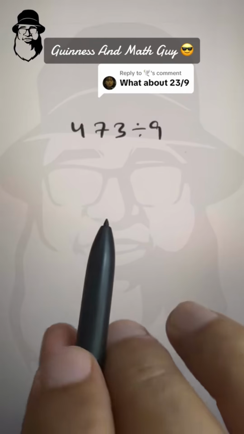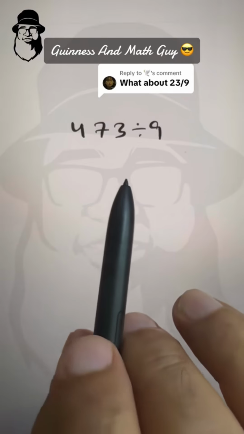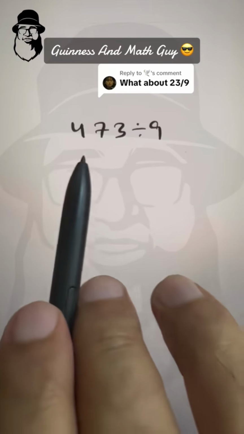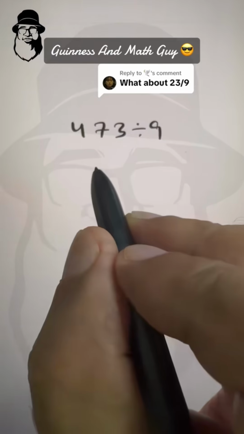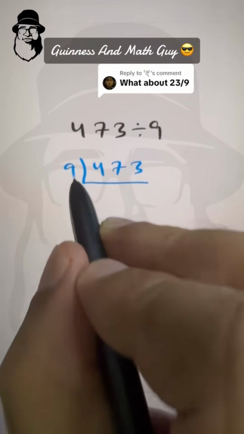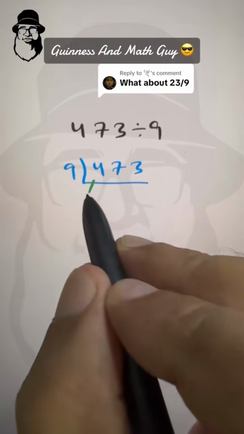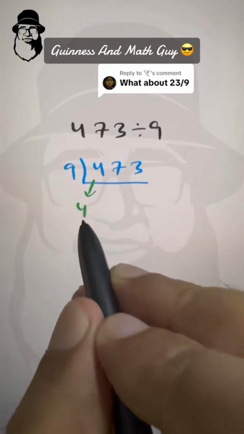Now let me tell you both ways, the one that we learned here and the easier way, both ways of dividing 473 by 9. So 473 you'll write like this and divide by 9. Now bring this 4 here to make it 5. Bring this 4 here.